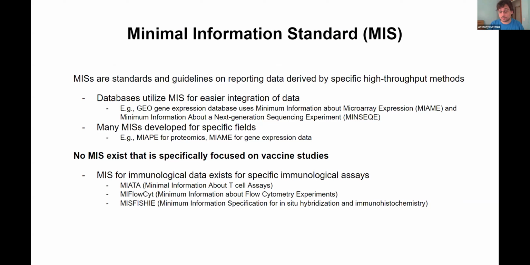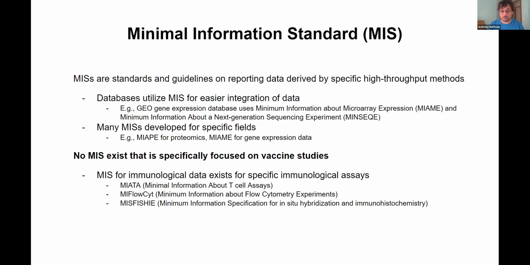Now, existing databases already use minimum information standards when it comes to adding details. The most famous, I would think, is the Gene Expression Omnibus, which uses MIAME and MINSEQE in order to represent gene expression data.